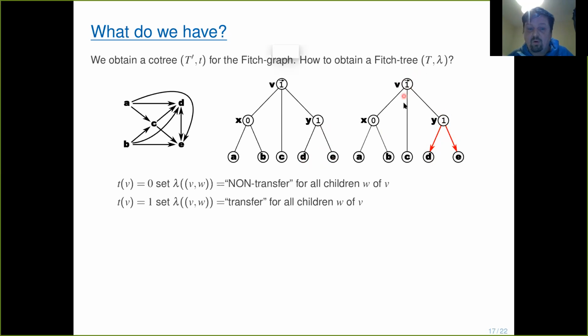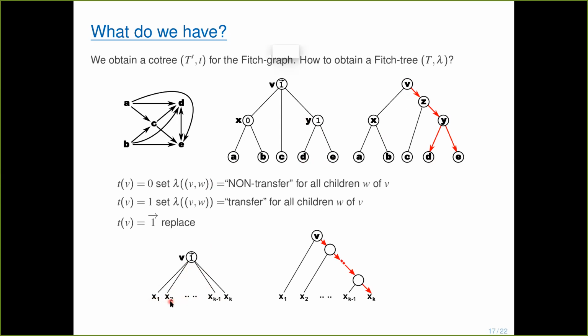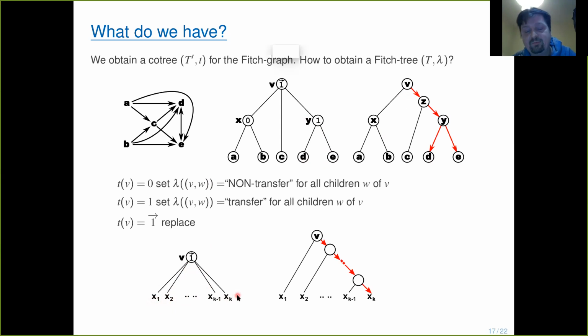And for an arrow 1, you replace this by a caterpillar. So you can see it better on this example. An arrow 1 means, and we have an ordered tree, that x1 points to x2, x2 points to x3, and so on. x2 does not point to x1, but it points to x3 and all the remaining ones. And so we can simply replace it by such a caterpillar in a way that along the backbone we have transfer edges.